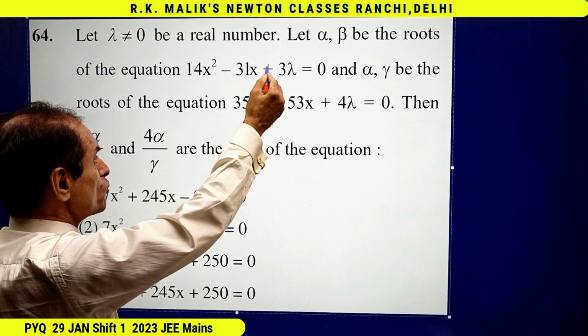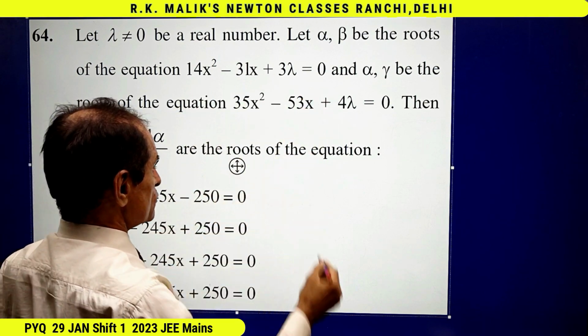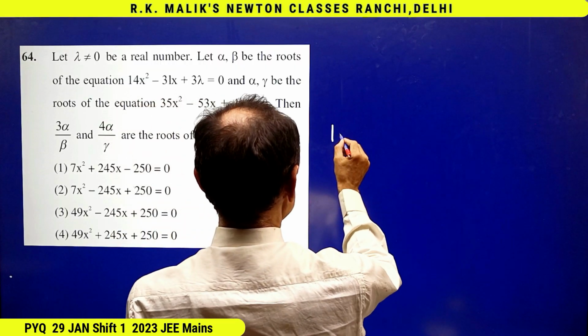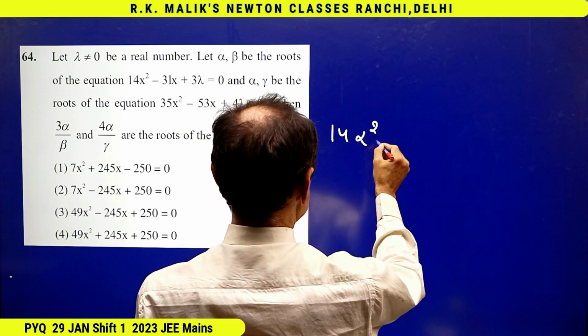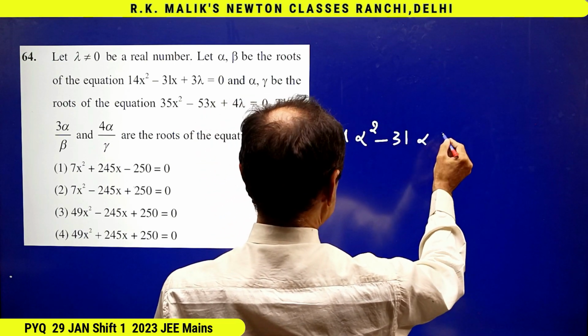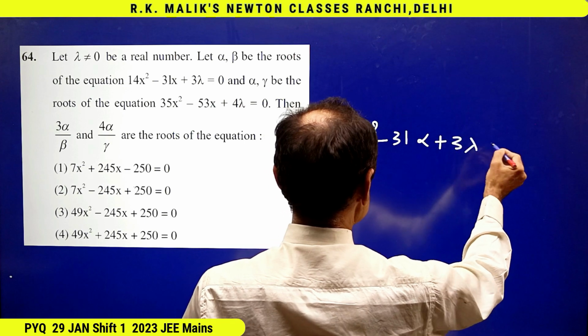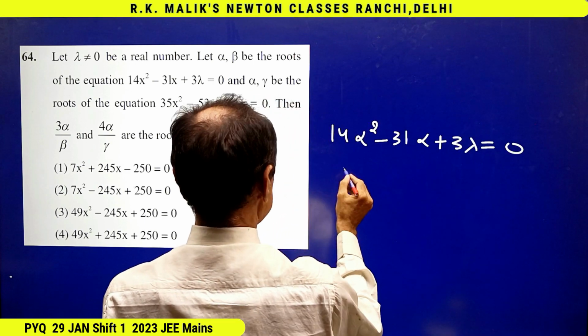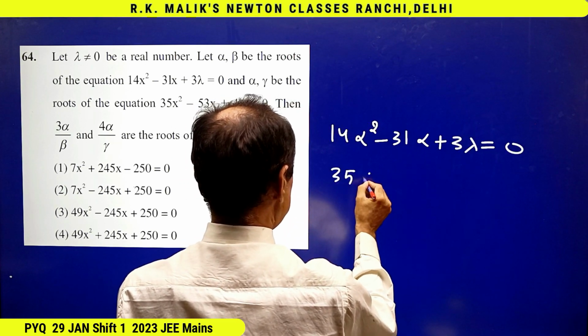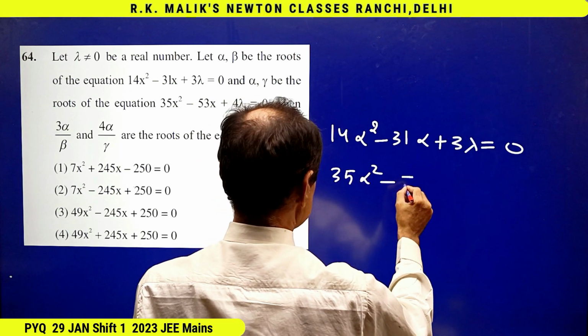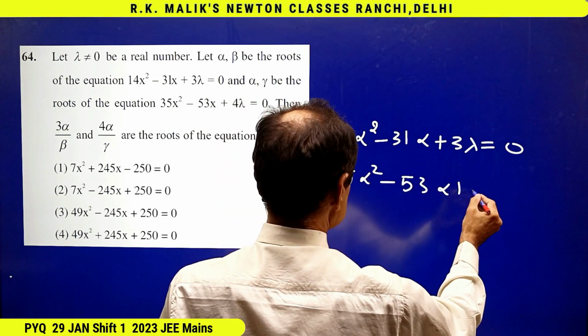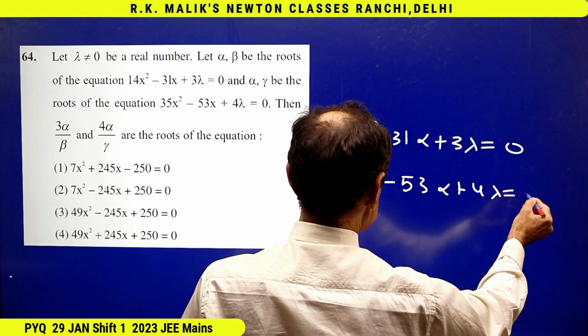First of all, I will find the value of alpha. Because alpha is the root of this also and this also, hence I can say 14 alpha square minus 31 alpha plus 3 lambda equal 0, and 35 alpha square minus 53 alpha plus 4 lambda equal 0.